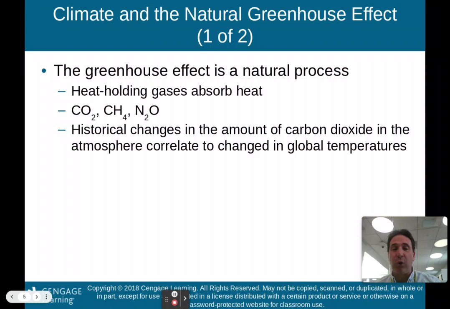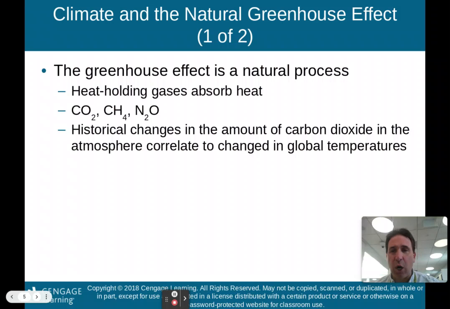But again, it's not anthropogenic. It's not made by humans, so we don't necessarily care about it because it's not changing. What we care about is the carbon dioxide, and the methane, and the nitrous oxide that we are actually increasing the amount of in our atmosphere. And as a result, we're seeing the Earth warm because the greenhouse effect is getting stronger than it should be.